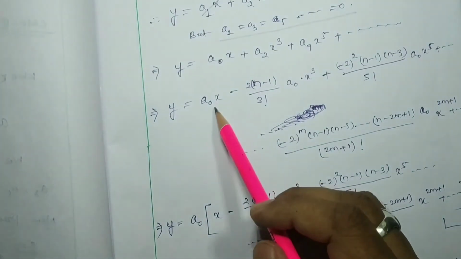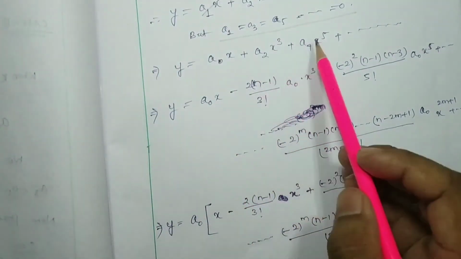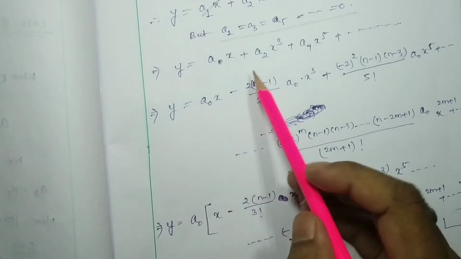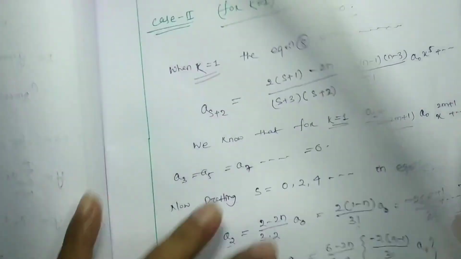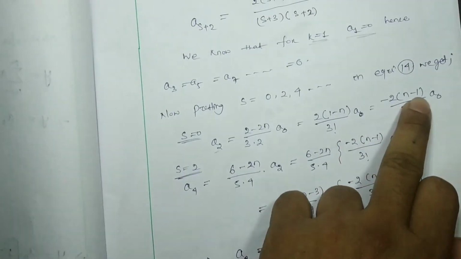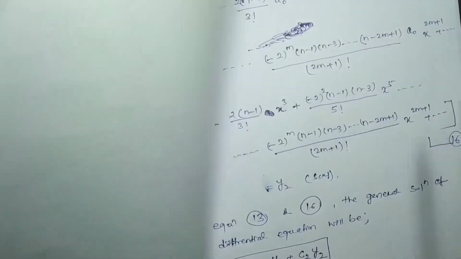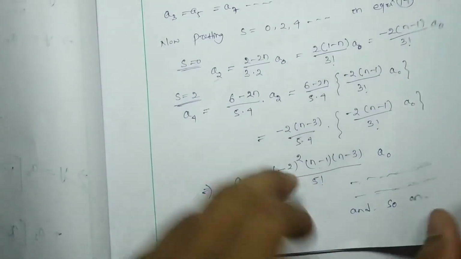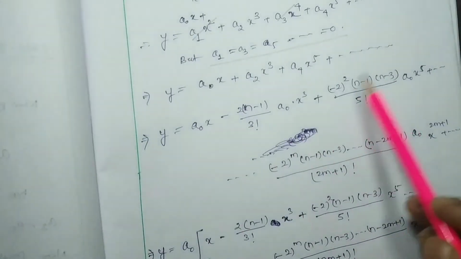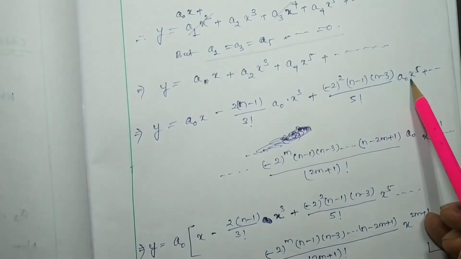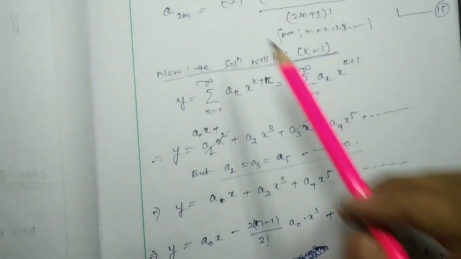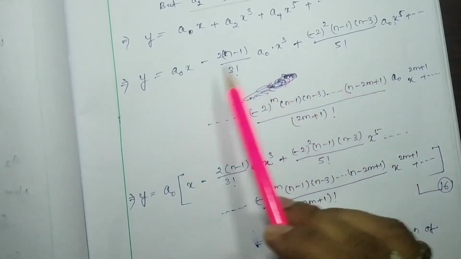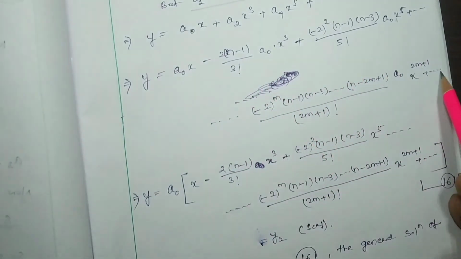So now we put the values of a2 and a4, so y will be equal to a0 x minus 2 into (n minus 1) by 3 factorial into a0 x cube, and the a4 value we got, substituted over here into x to the power 5, and the general form we found, substituted in between the series over here, plus dot dot dot.